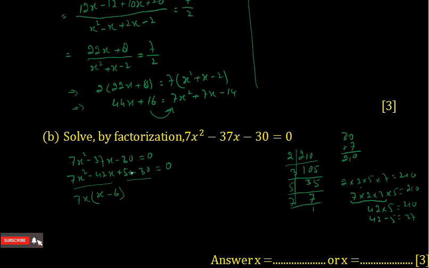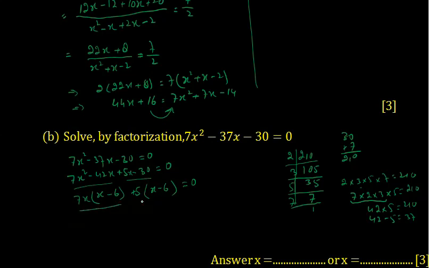Here we take 5 as common because we cannot take x common as x is not with 30, and 30 comes in the table of 5. So x minus 6 is here, because plus 5 times minus 6 is minus 30; you can get back 30 when we open the bracket.